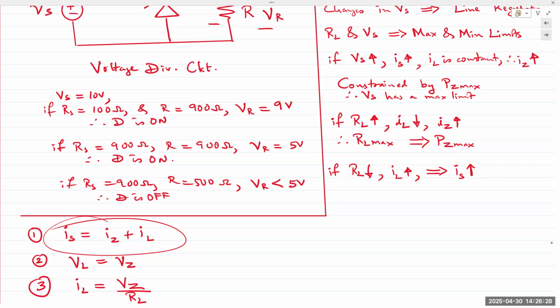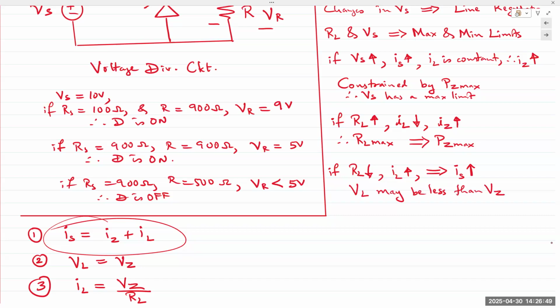So VL decreases. And if VL is less than VZ, the diode's not going to turn on.